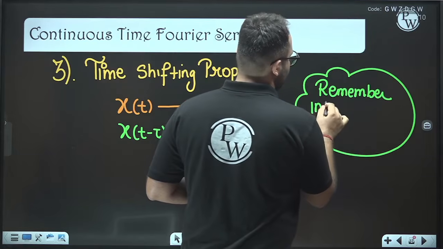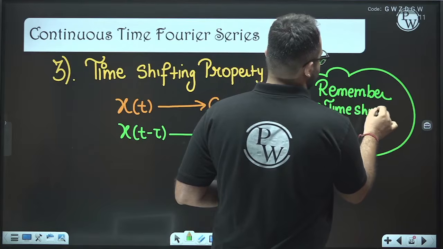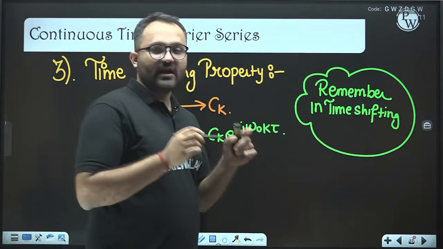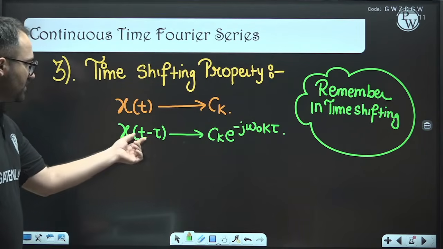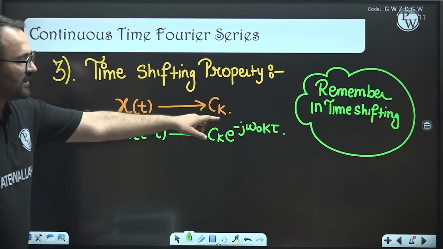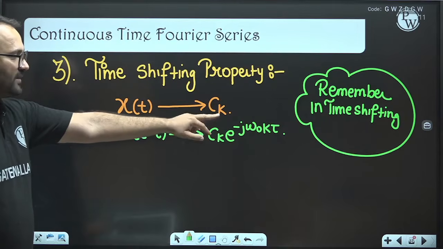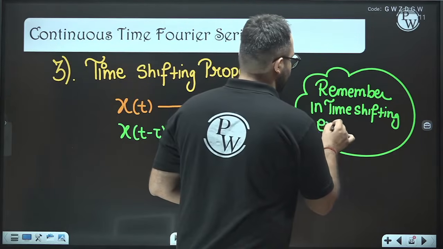in time shifting, the effect goes with the same sign. Effect goes with the same sign means if we have minus tau here, then in the exponential also we will have a minus tau term, minus j omega naught k tau.